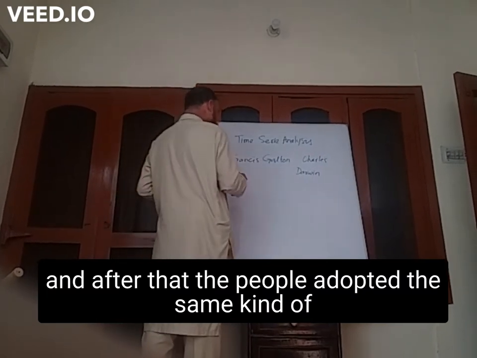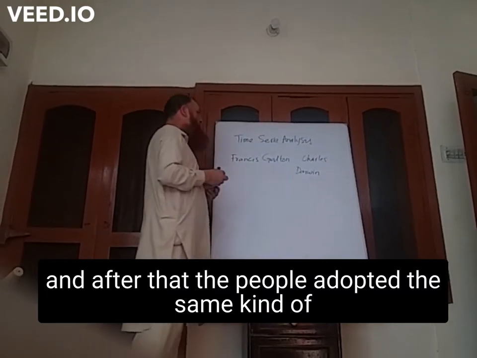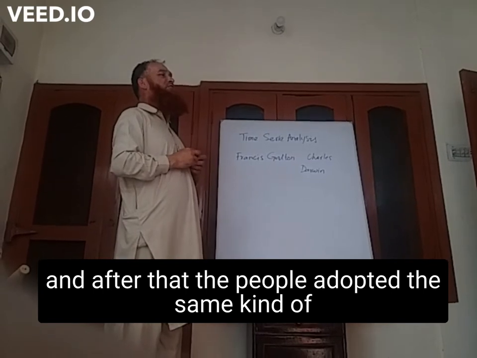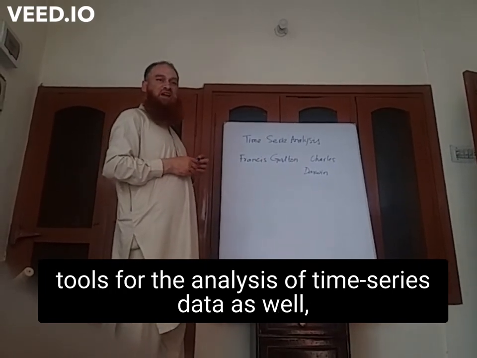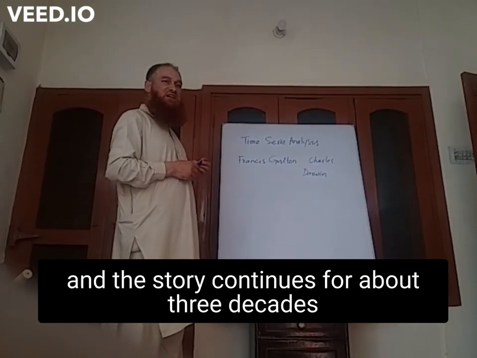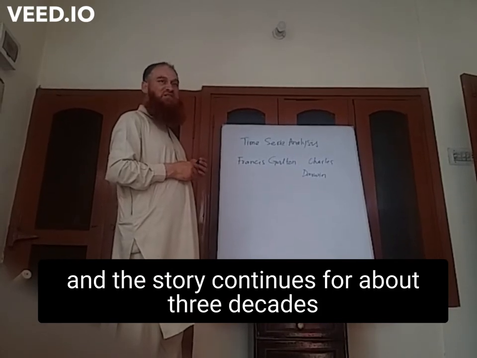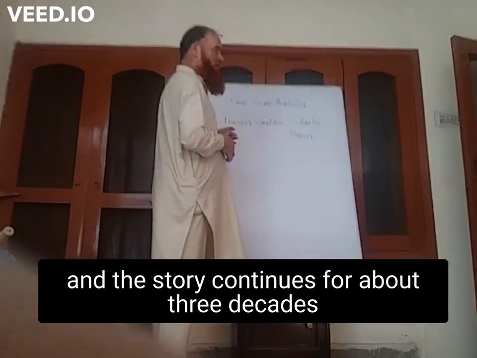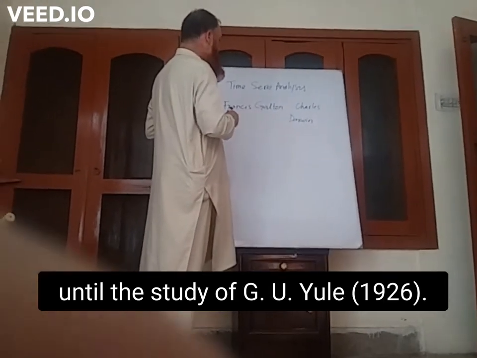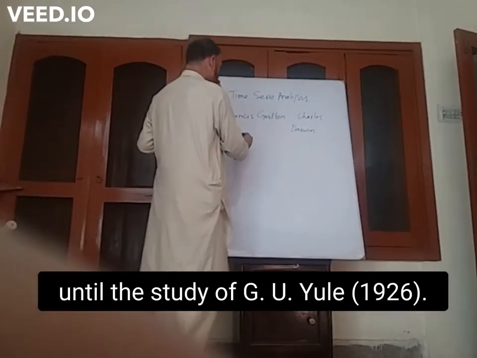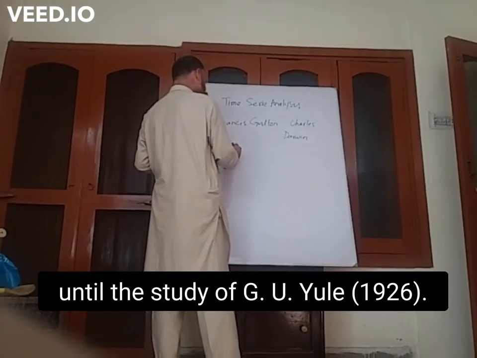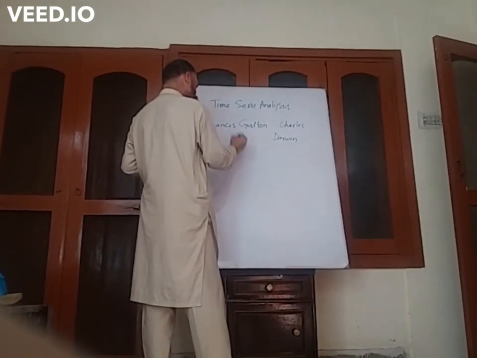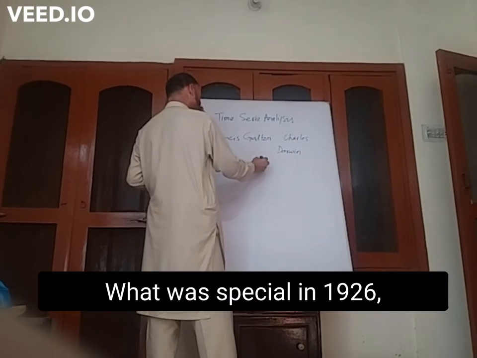And after that the people adopted the same kind of tools for the analysis of time series data as well, and the story continued for about 3 decades until the study of G. Undy Yule, 1926.